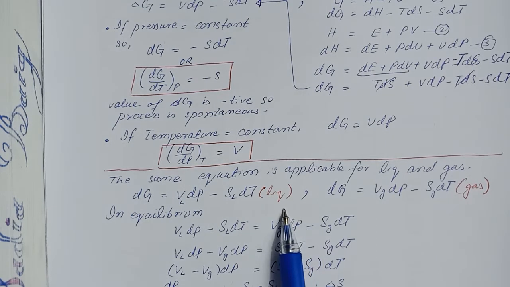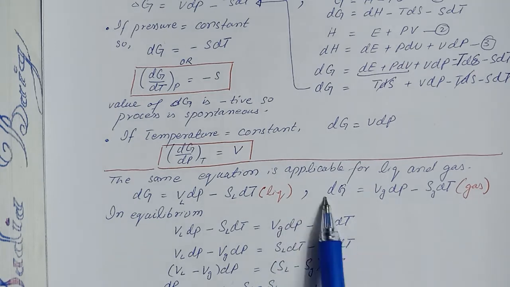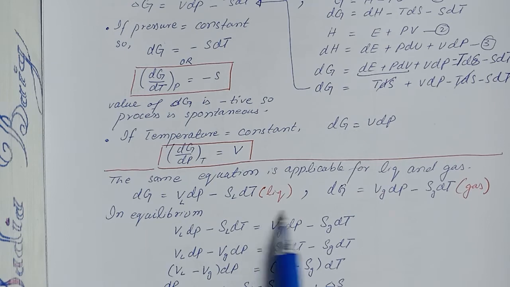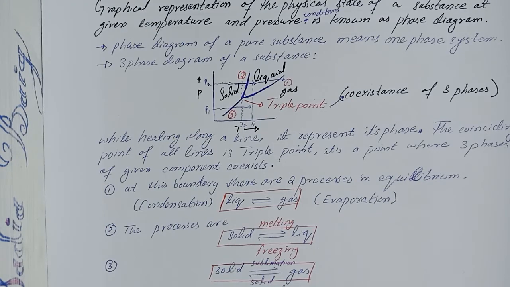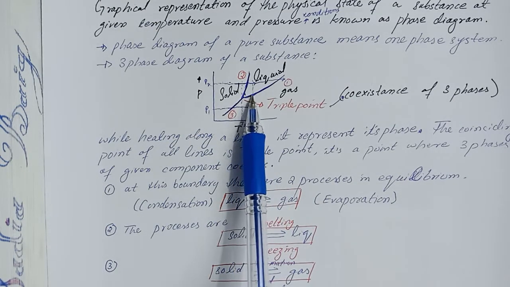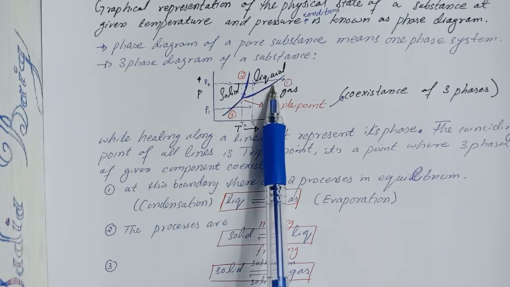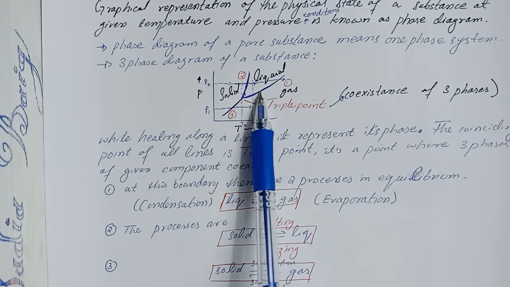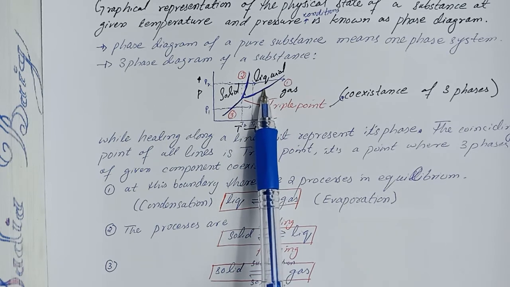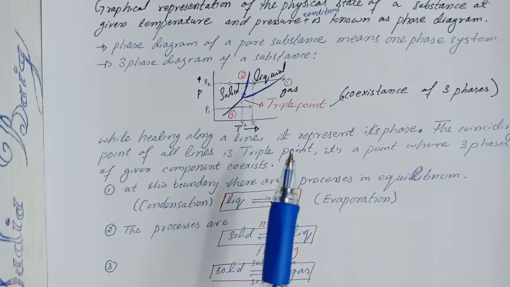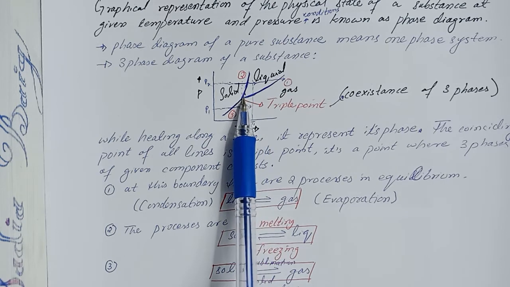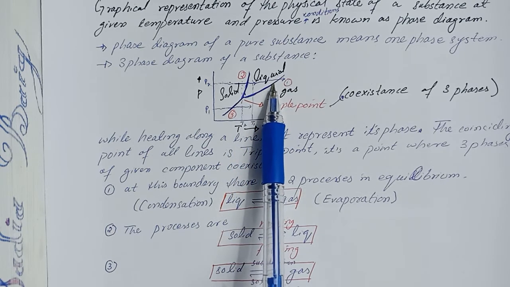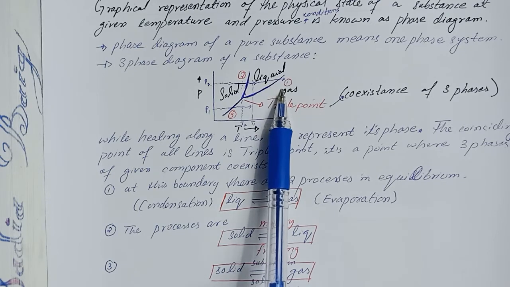So for a phase boundary, we said that the two phases are in equilibrium with each other. For example, the liquid phase is in equilibrium with the gas phase. Then at a particular phase boundary, while moving across this line, as the two phases are in equilibrium, the Gibbs free energy change is equal for the liquid and gas phase.